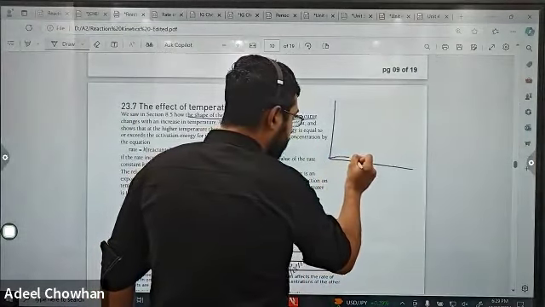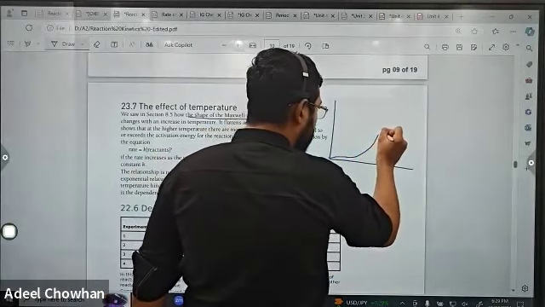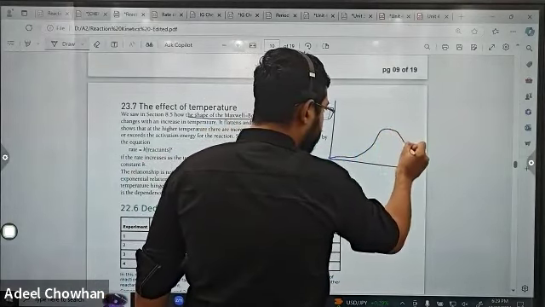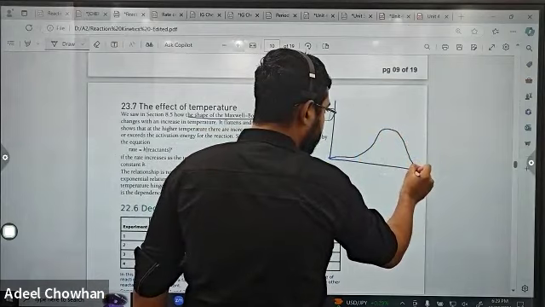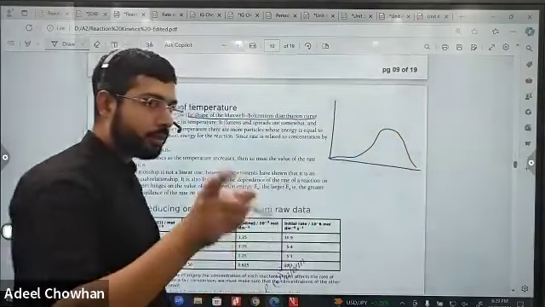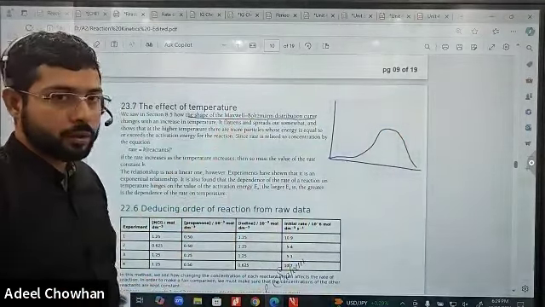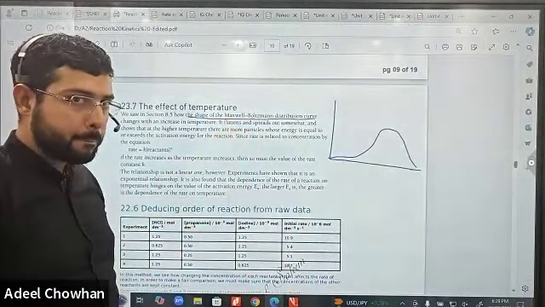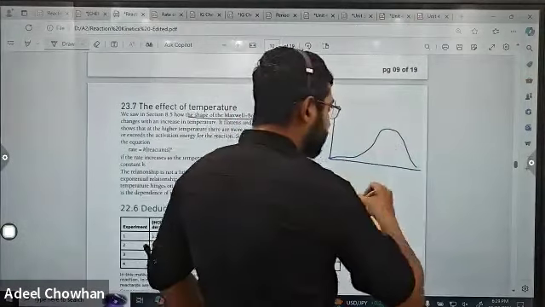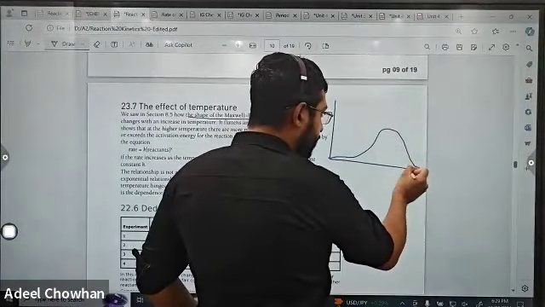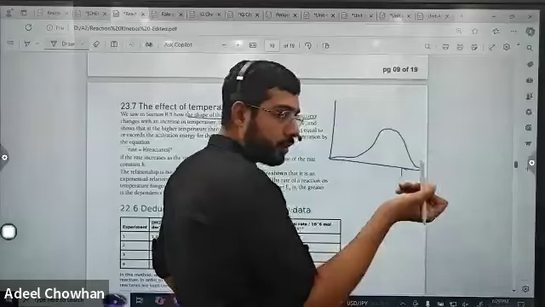There is a long tail, then there is an inclined peak, and then it decreases. So it was like this curve. It was called the Boltzmann distribution curve or Maxwell-Boltzmann curve. There is also an activation energy, which can be somewhere here.